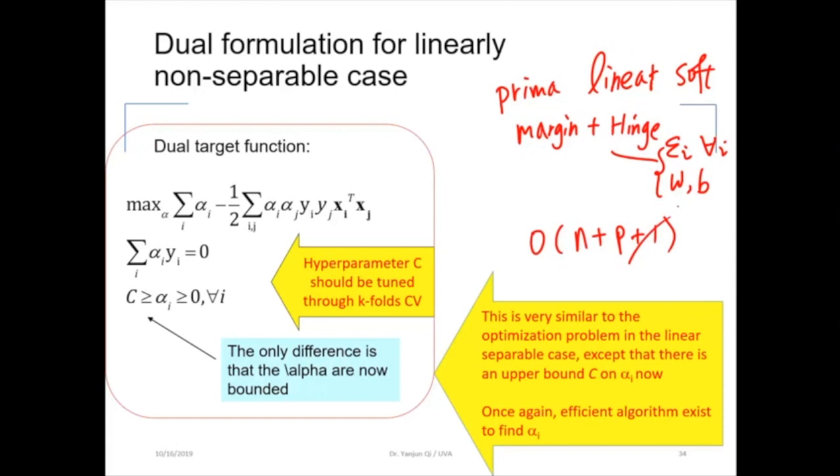And in the dual form, in fact, the only difference is you make your alpha i upper bounded by that C hyperparameter you added. It's extremely easy and almost no different from the hard SVM case.